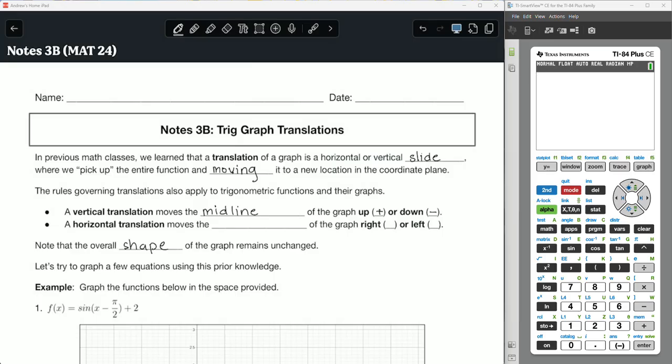We know that horizontal translations show up inside the function next to the independent variable x. Those move the graph left or right, meaning it's the y-intercept that's going to change.